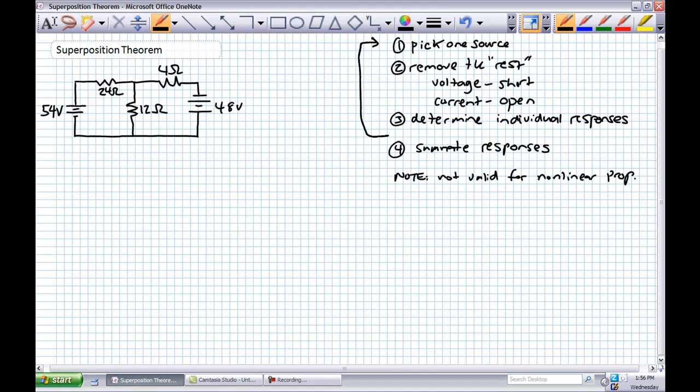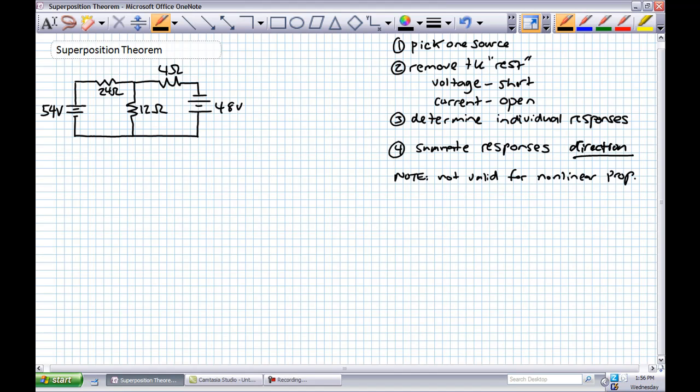Now step 4 is to summate the responses. You're going to take your responses, in our particular examples current or voltage or whatever, and add them up. Now I need to put a notification here. Pay attention to direction. And I'm going to underline that, okay?